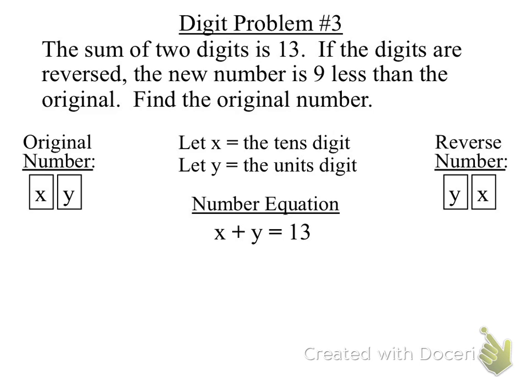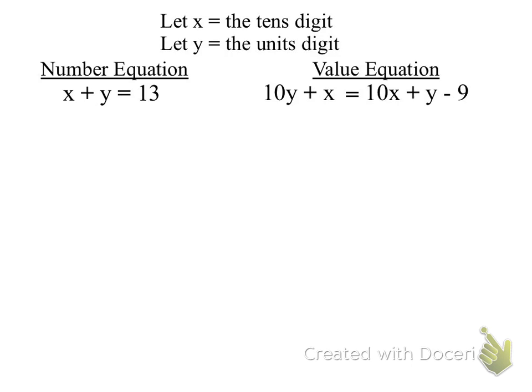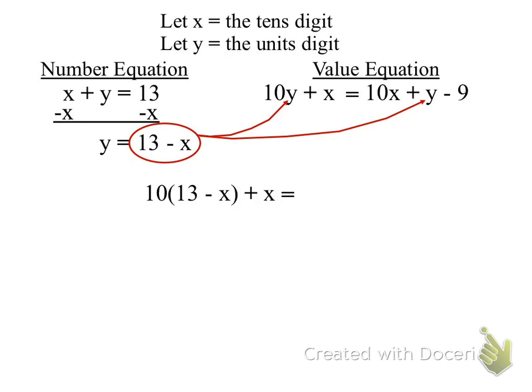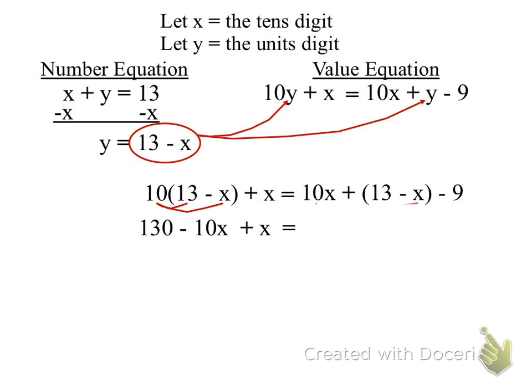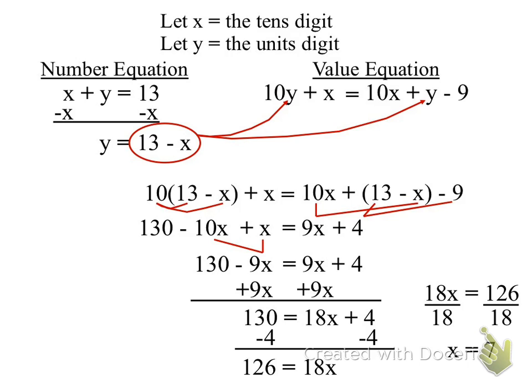First equation is x plus y equals 13. Next equation, 10y plus x equals 10x plus y minus 3. Substitute. And now our x digit is 7.